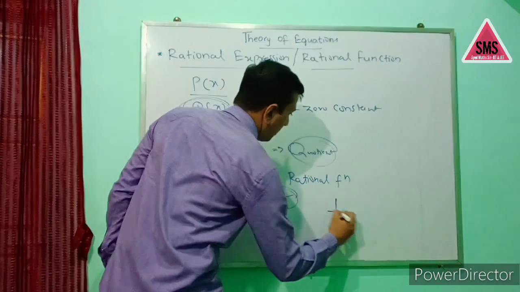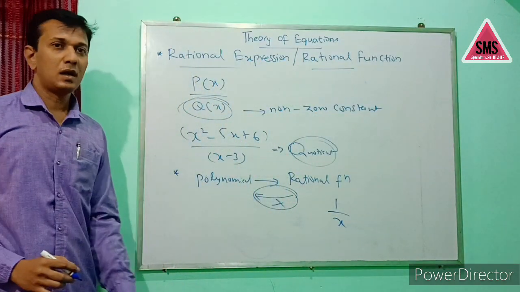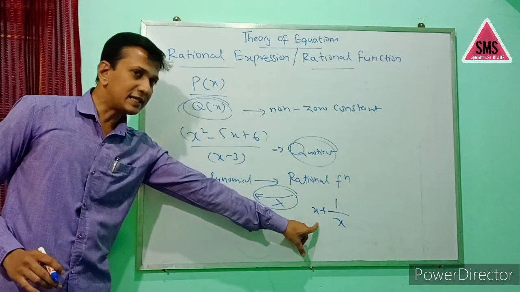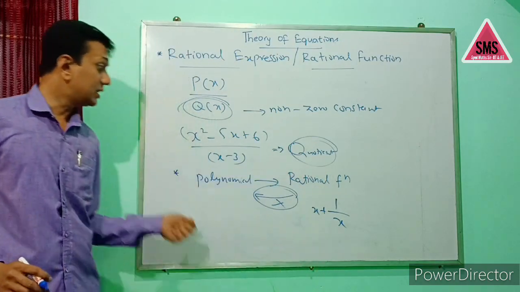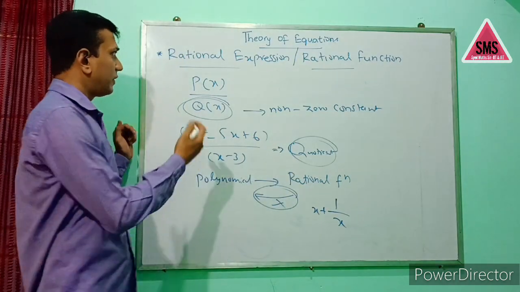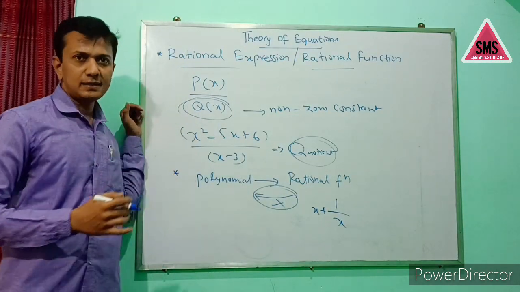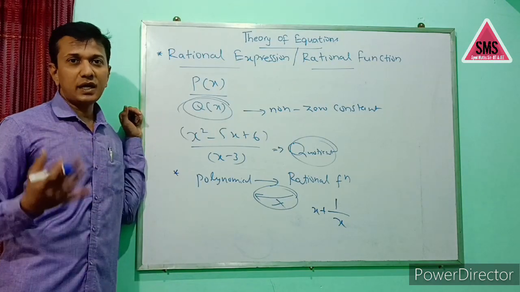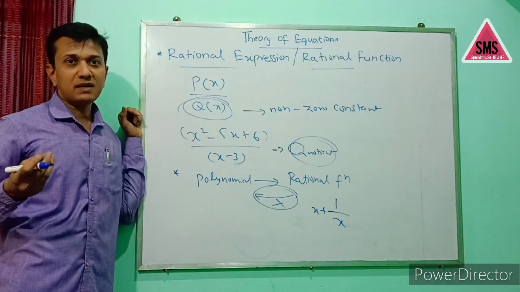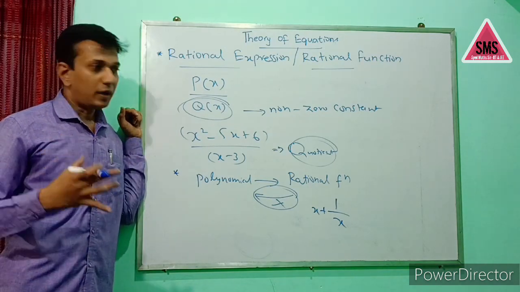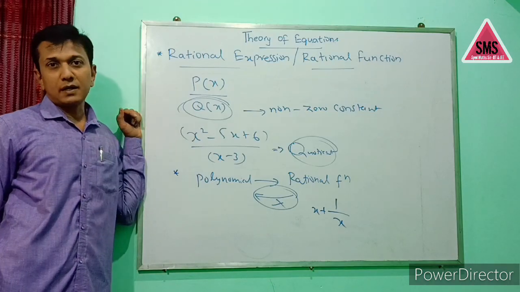Example, 1 by x or 1 by x plus x, we can call it a rational function, but it cannot be considered a polynomial. We cannot write it as a polynomial because we know the definition of polynomial from school level. When you see the highest power, that means the degree of each and every term, the powers of each and every term are going to be whole numbers. We are not going to have negative powers.